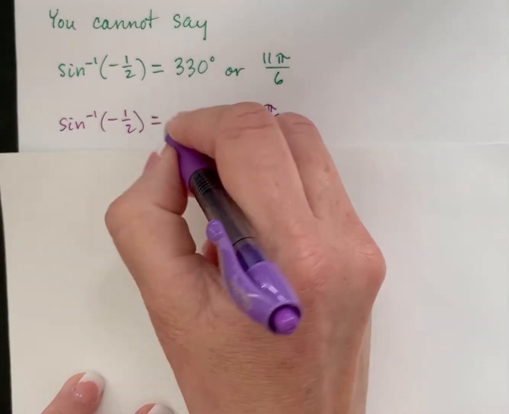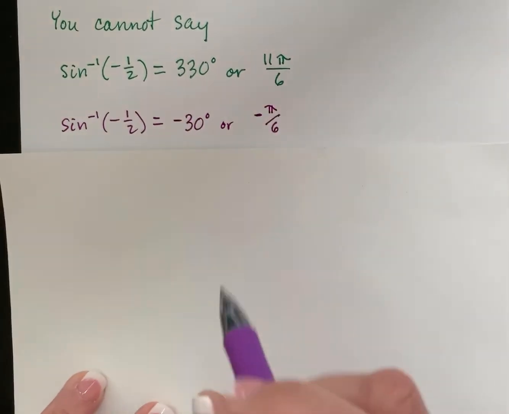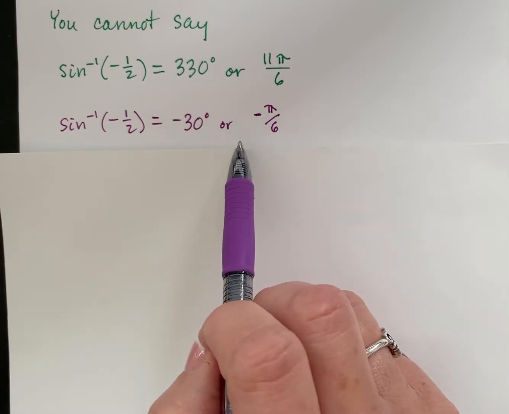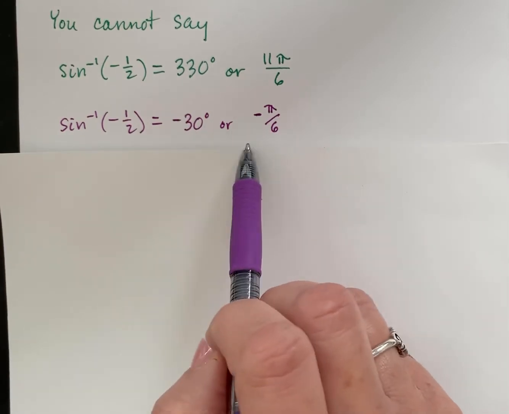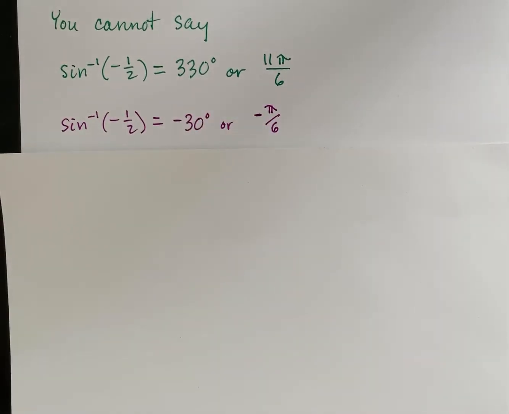Okay, in degrees, that would be negative 30 degrees. Okay, so you could work it in degrees or radians. These are basically the same angle, though. You can't say this because that would give you two different outputs for the same input. It would give you two ordered pairs with the same y-coordinate.